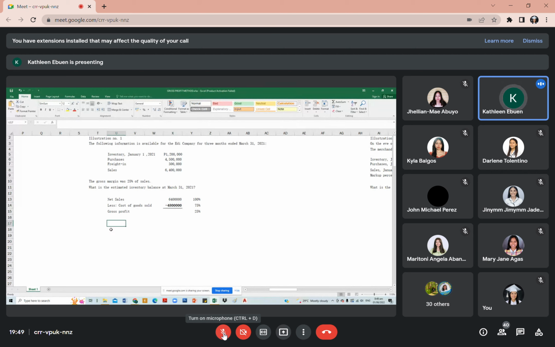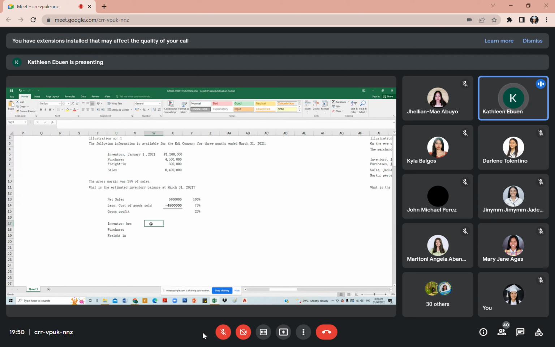And then we go to our next formula, which is TGAS less cost of goods sold is equal to gross profit. So we still need to compute the TGAS. Okay, inventory beginning, we will add the purchases and the freight in.